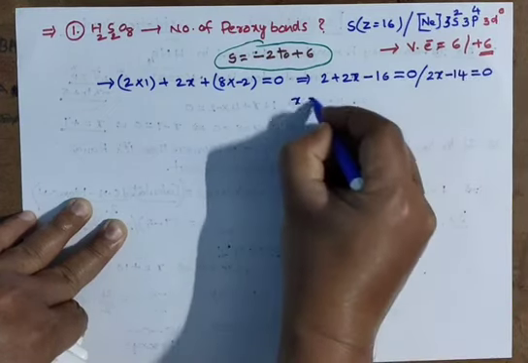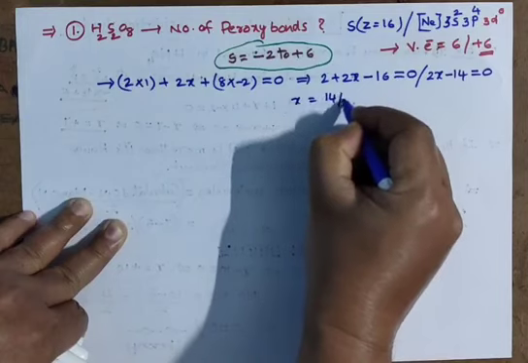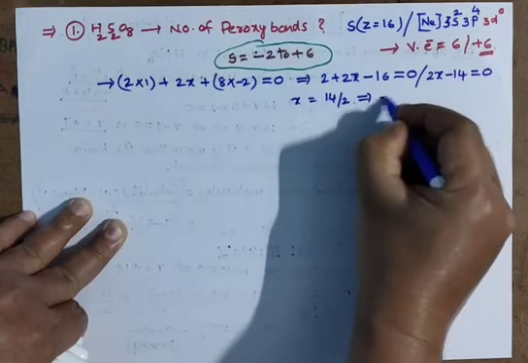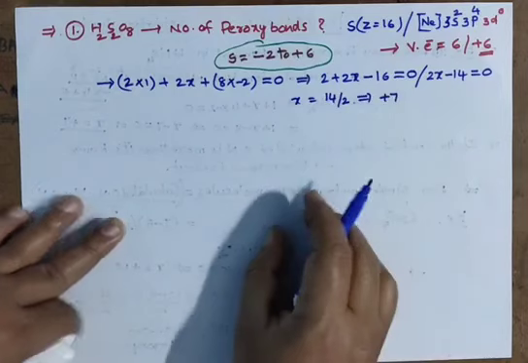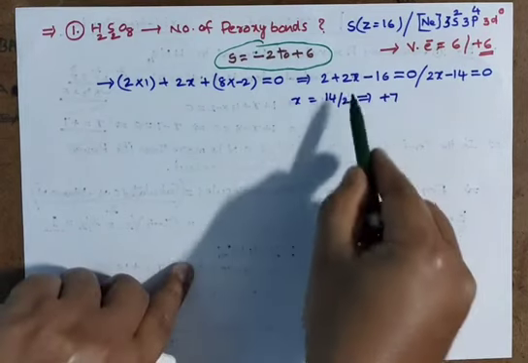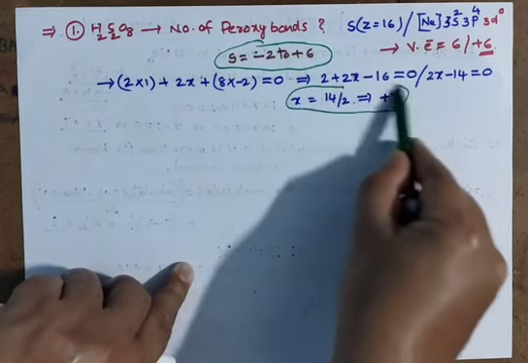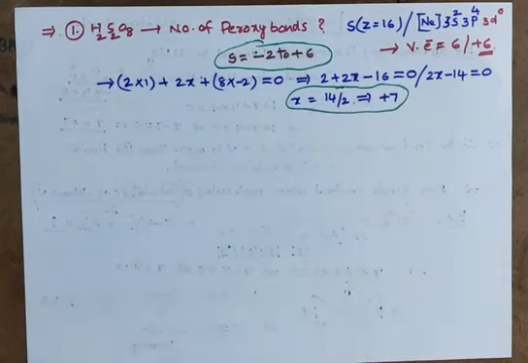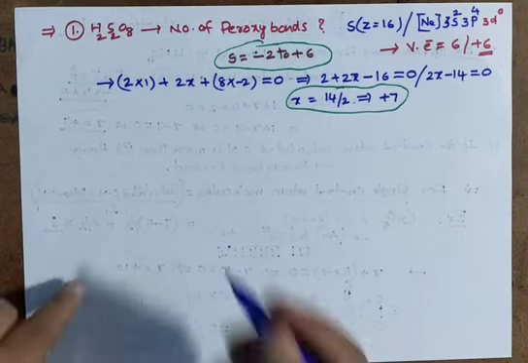Then x equal to 14 by 2, that implies plus 7. So the actual maximum oxidation number, how much did we get? Plus 6. But the calculated oxidation number, how much did we get? Plus 7. So if the calculated oxidation number is more than the maximum oxidation number, then a peroxy bond is present.